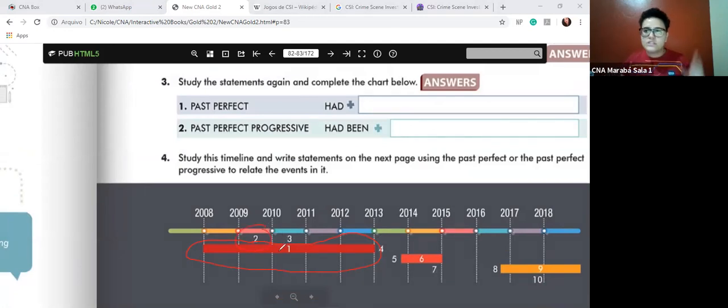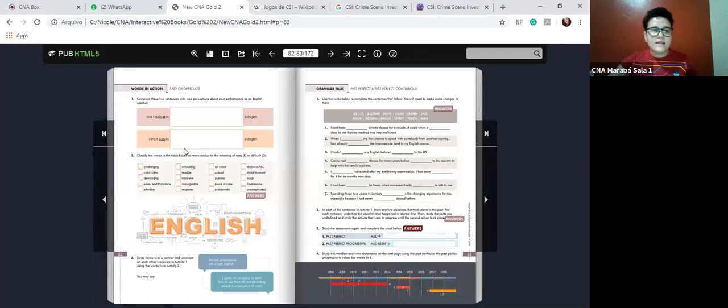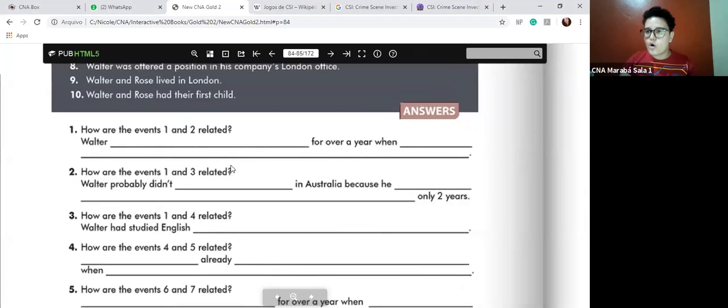Number 2 started in 2009 and ended in 2010. What you need to do is analyze these situations in the timeline. So pay attention to when the situations happened in the timeline. And then you need to complete these sentences here according to the situations, okay?